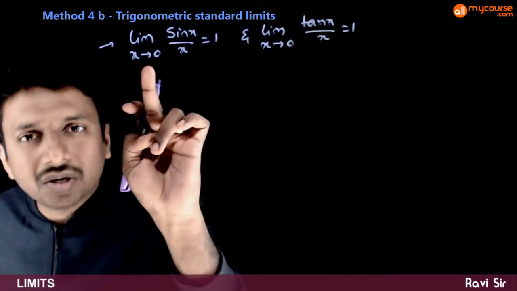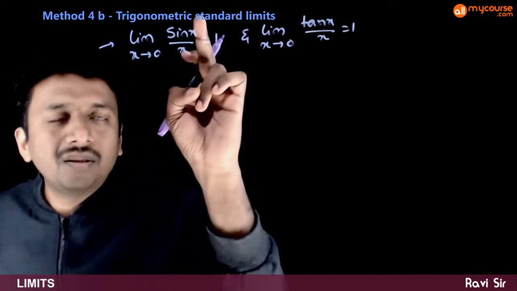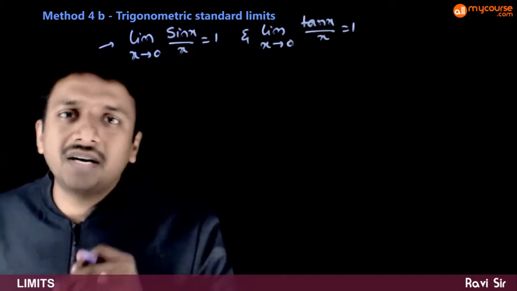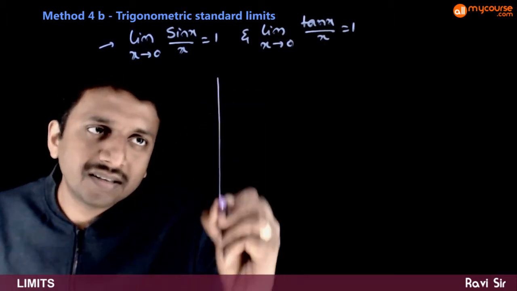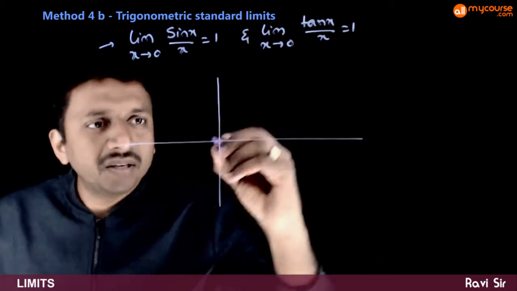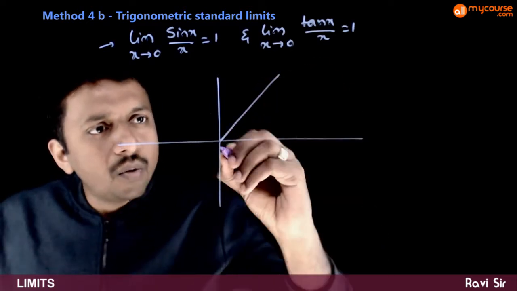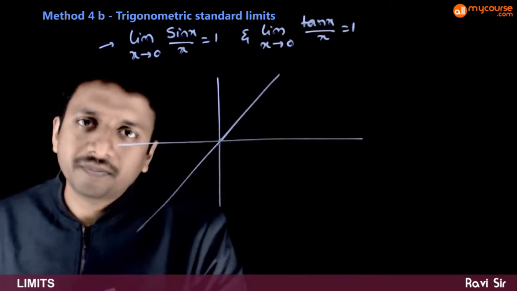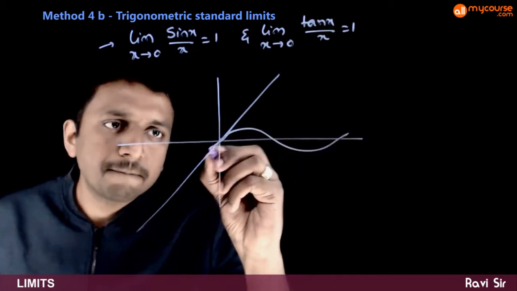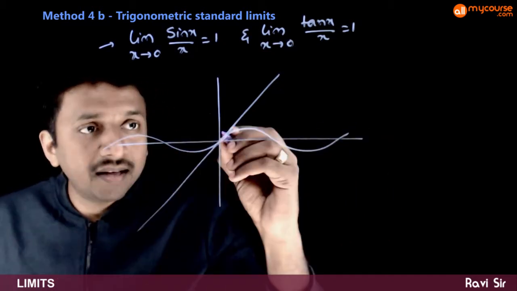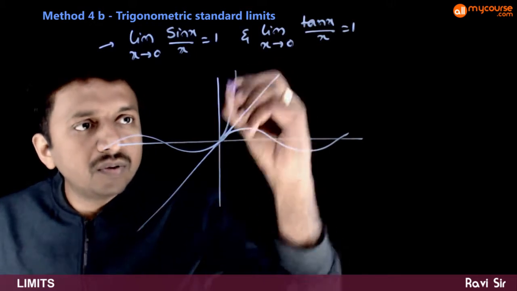That is, as x goes closer and closer to 0, the value of sin x goes closer and closer to x. So if you look at the graphs of the function y is equal to x, y is equal to sin x, and y is equal to tan x.